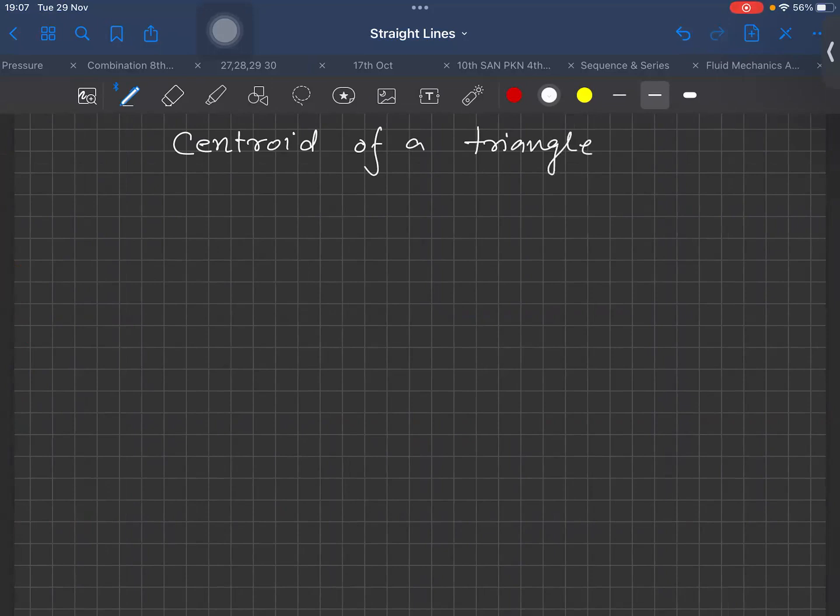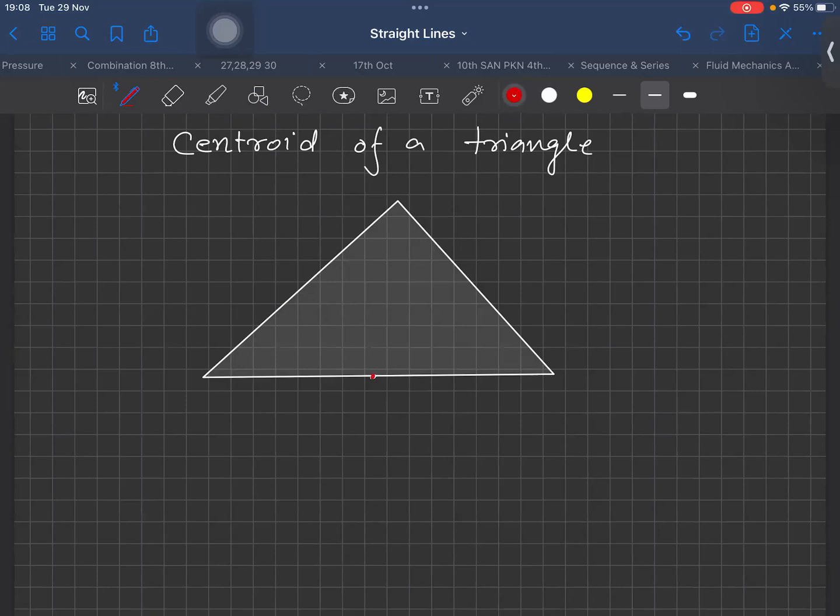What do you mean by centroid of a triangle, Murli? So you will do bisection of sides, right? You will divide the side, so this is the midpoint of this side, this is the midpoint of this side, this is the midpoint of this side. And you join it to the opposite vertex.